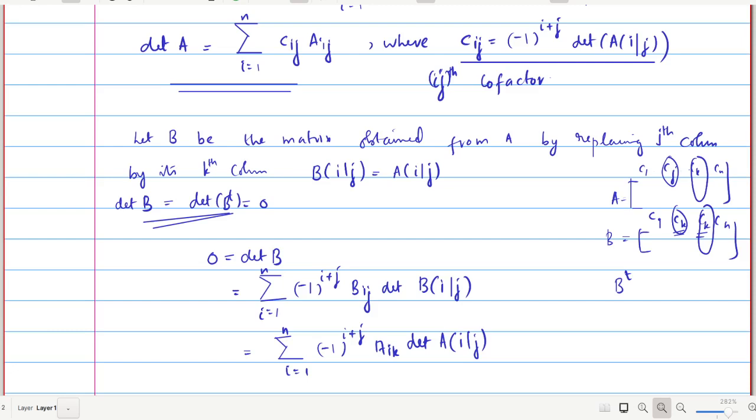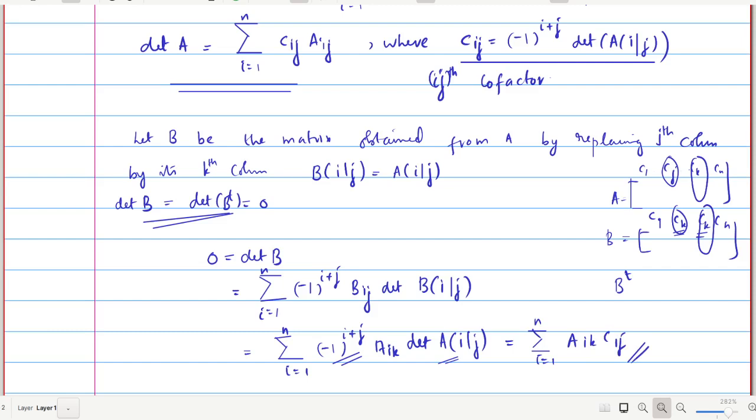Then you can say that B_ij is the same as A_ij. So the matrix obtained by removing the ith row and jth column from B is exactly the same as the matrix obtained by removing the ith row and jth column of A. Those quantities will be the same, and this is the sum over i equal to 1 to n of minus 1 to the power i plus j, determinant of A of i by j, which is nothing but C_ij. So this is A_ik C_ij.